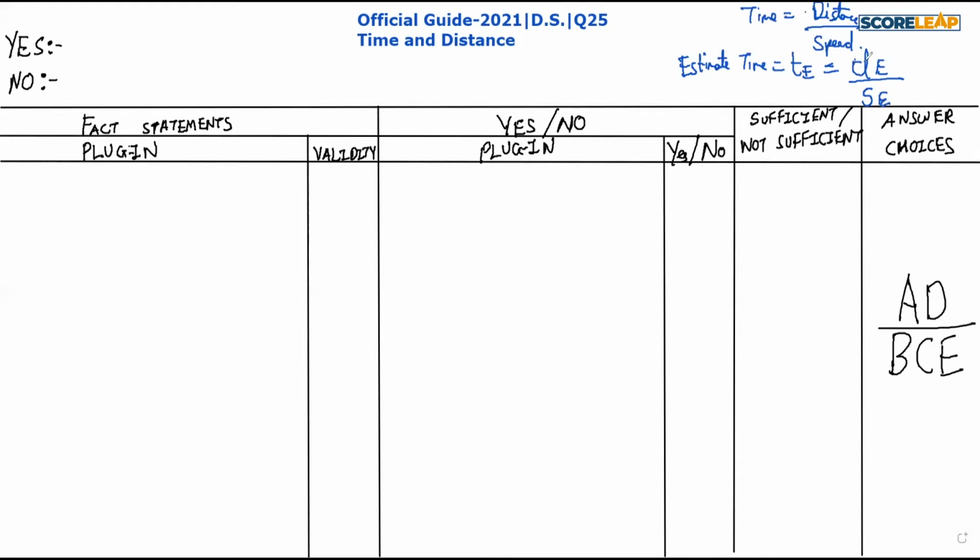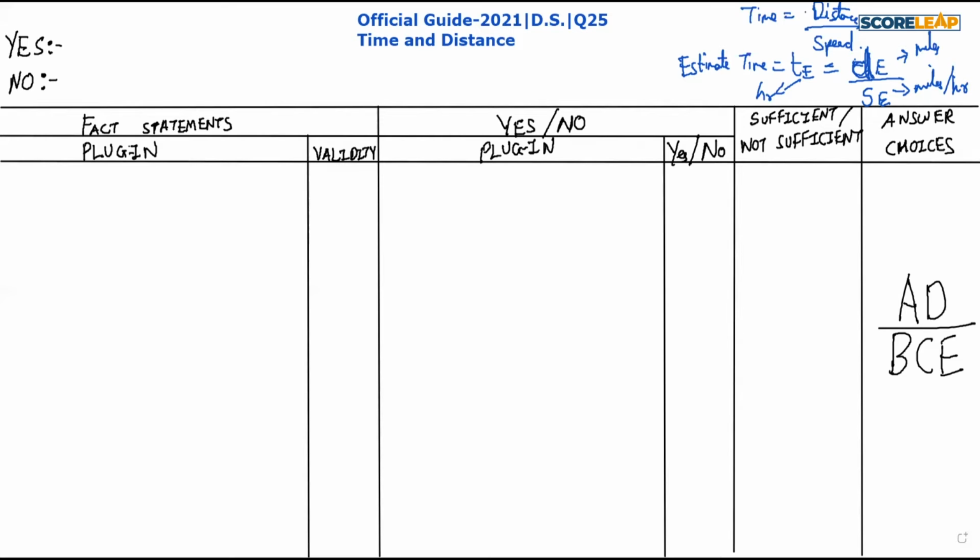So DE by SE is equal to the estimated time, where DE is estimated distance in miles, SE is estimated average speed in miles per hour, and TE is estimated time in hours.